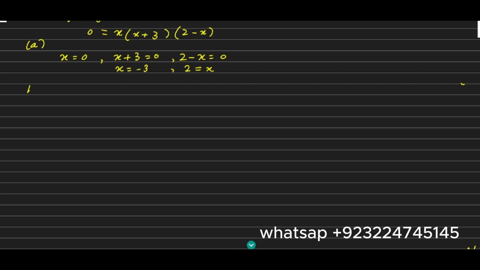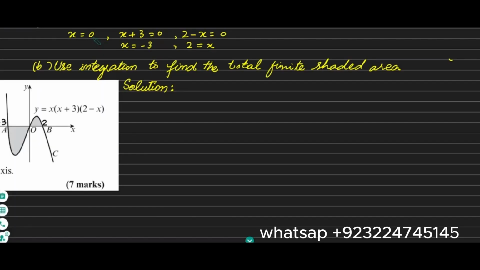Now for part B. In the B part, use integration to find the total finite shaded area. Here we can see A to origin, this is the shaded area, and from origin to B, this one is shaded area. We have to find the total shaded area, and this area lies from minus 3 to 2.